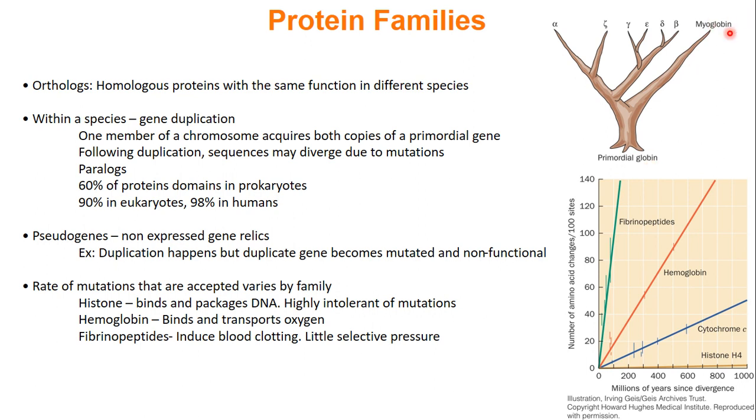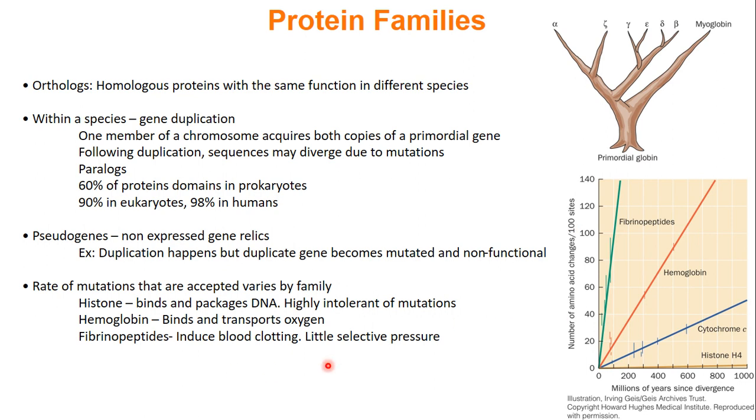We have myoglobin for storage, but we also have hemoglobin, which is made of alpha and beta subunits, and that's for transportation. The alpha, beta, and myoglobin look very similar to each other, but they have very different roles. So the idea is that they have come from an ancestor protein.